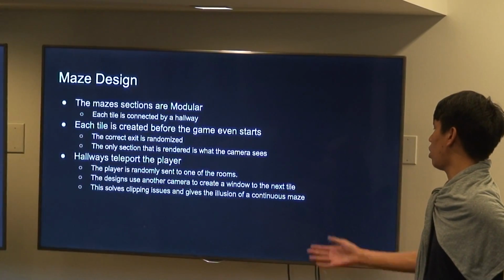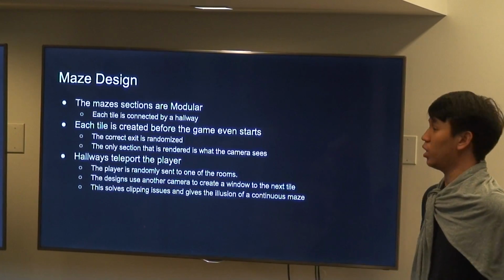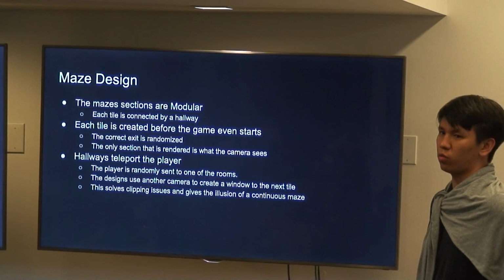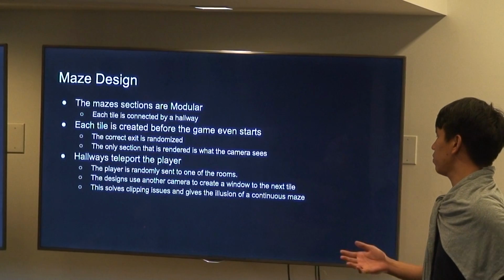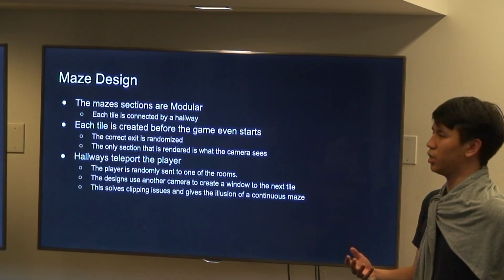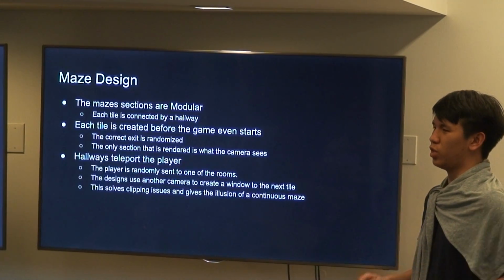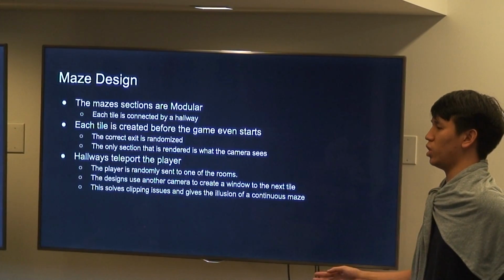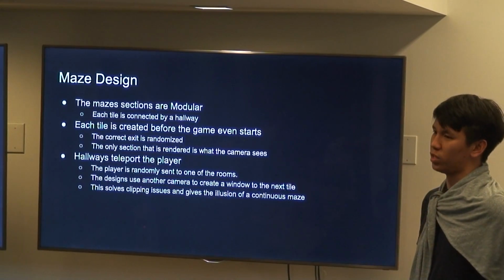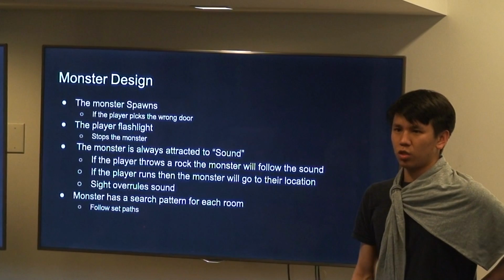So we have hallways that teleport the player: every time you enter a hallway, you're randomly teleported to another room. For teleportation to work, we use another camera to create a window, which preserves the illusion that you're entering another room when in reality you're teleporting.